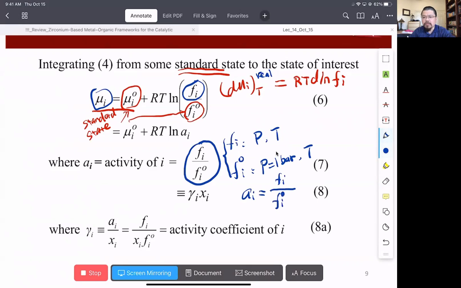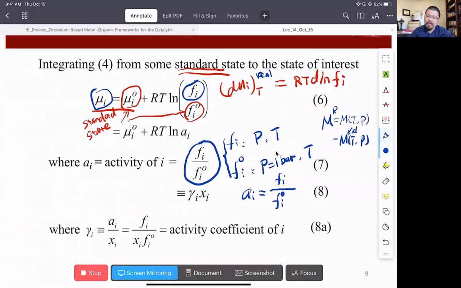I want to remind you that we are very interested in understanding the deviation. What would be the change from the ideal to the non-ideal? If you recall, this is indeed what we try to calculate with the residue property, M(T,P) minus M ideal(T,P). Imagine this is ideal.